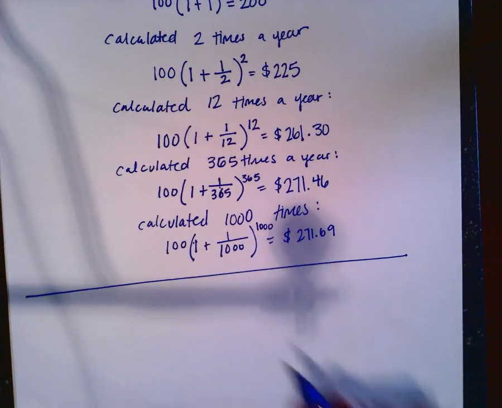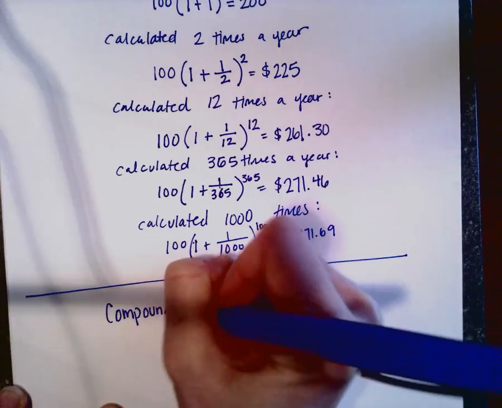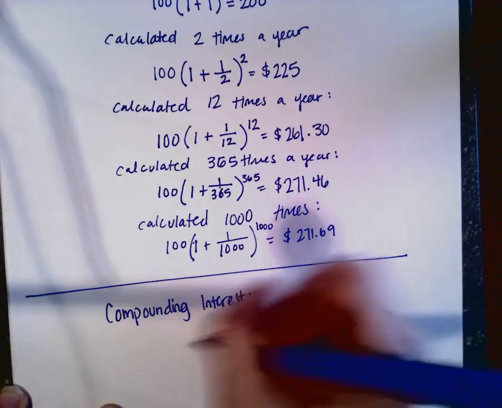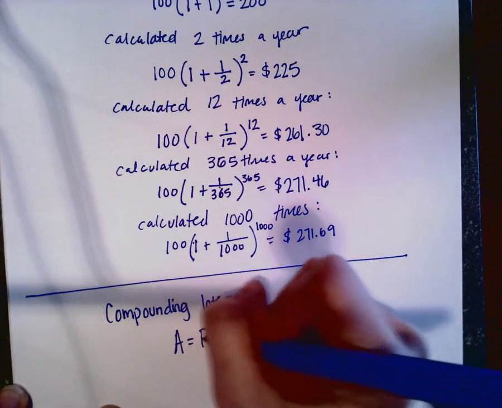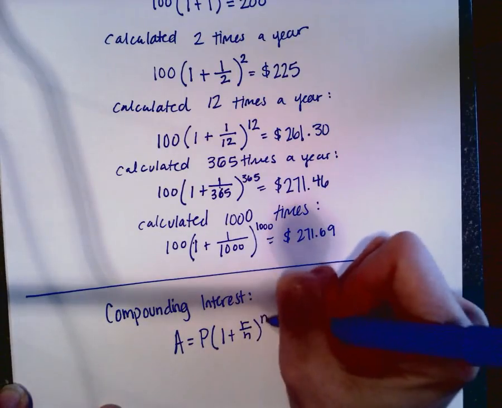So the formula for compounding interest is this: A equals P times (1 plus R over N) to the NT. And I'll explain what each of those variables means.